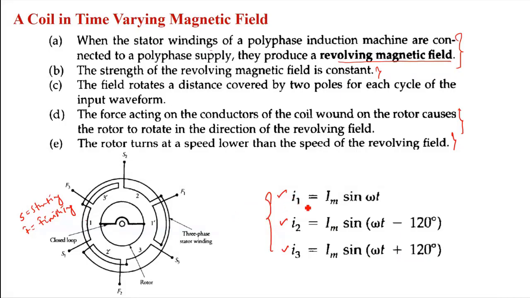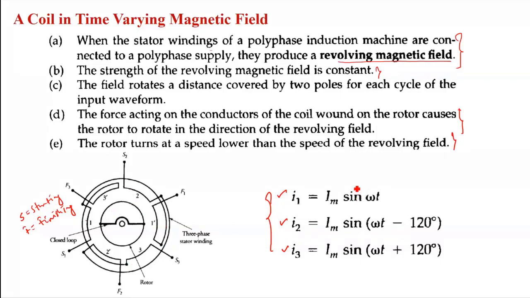So I will feed I1 to 1 and 1 dash, that is S1 and F1, and I2 I'll feed at S2 and F2, and I3 I'll feed at S3 and F3, right? So now what will happen? When I feed these currents, some flux will be produced at 1, 2, 3.